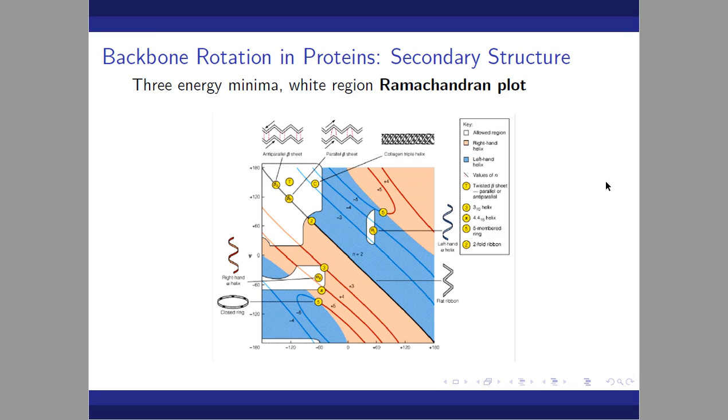We try to get the least energy for the rotation, for the polypeptide or polymer to be stable.